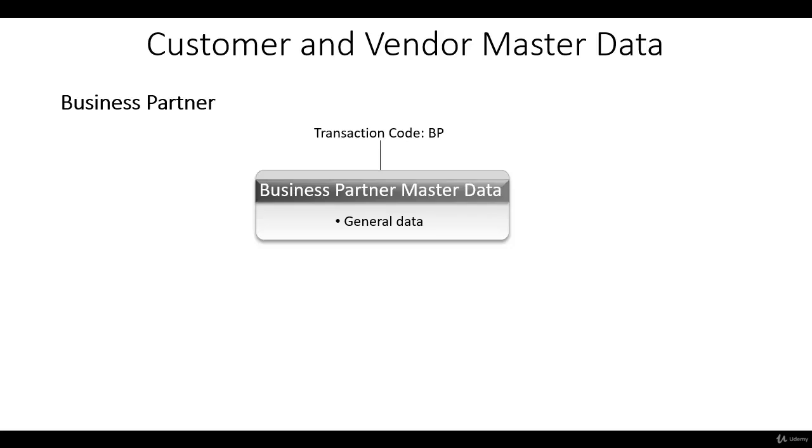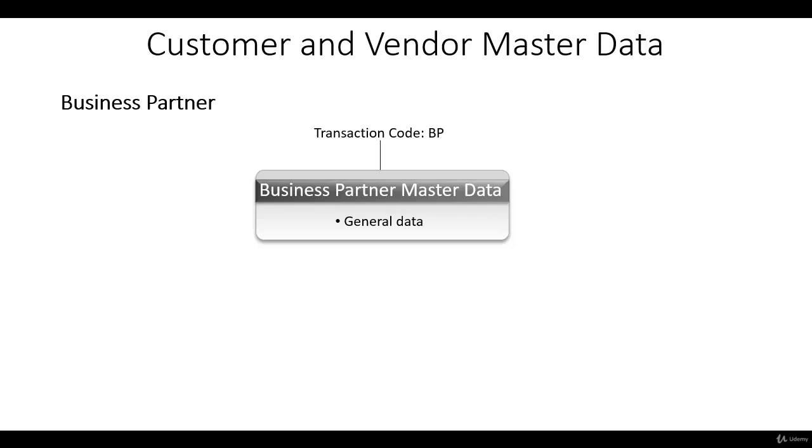If you remember that in ECC, there are three segments for customer and vendor master data. For customer master, those segments are general data, company code data, and sales organization data. And similarly for vendor master, these are company code data, general data, and purchasing organization data.